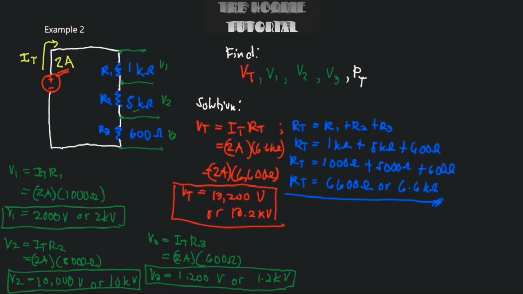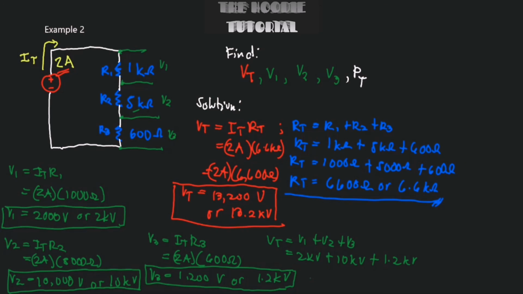So let's check if all the voltage drops across the resistors are equal to VT. We could conclude that VT is equal to V1 plus V2 plus V3. So we have V1, which is 2 kilovolts, plus V2, which is 10 kilovolts, plus V3, which is 1.2 kilovolts.